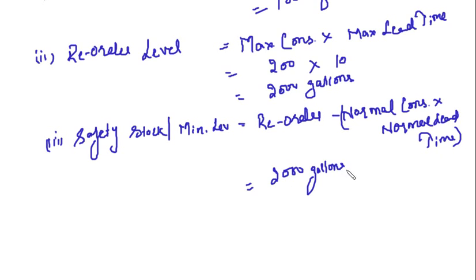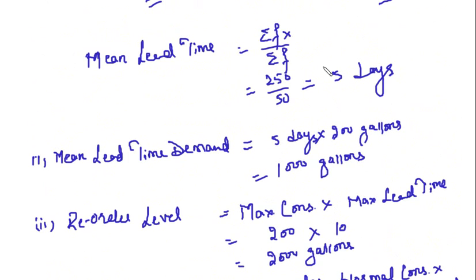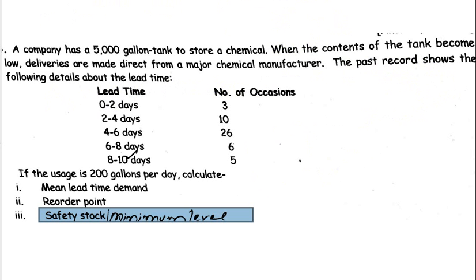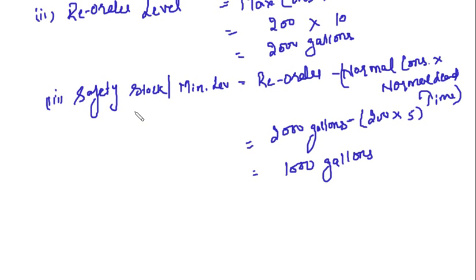What is normal consumption? 200 multiplied by normal lead time. This is what we have calculated, mean lead time. Right? This is the normal lead time. On an average, it takes 5 days to reach the order to the factory. Right? So this is what the question asked. Clear, friends?